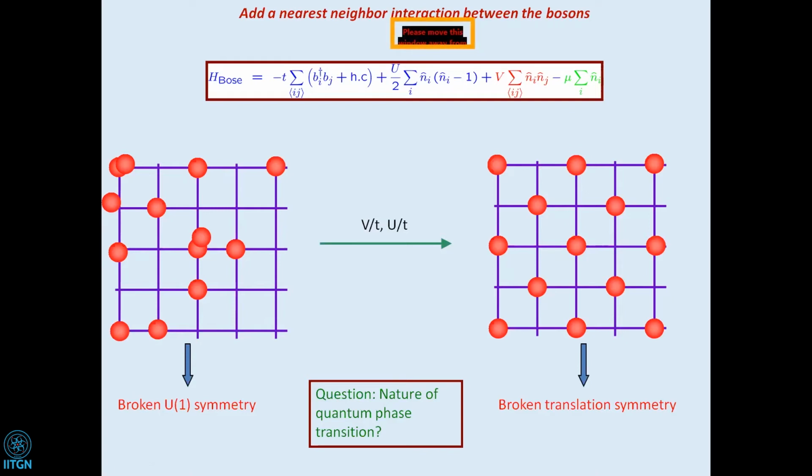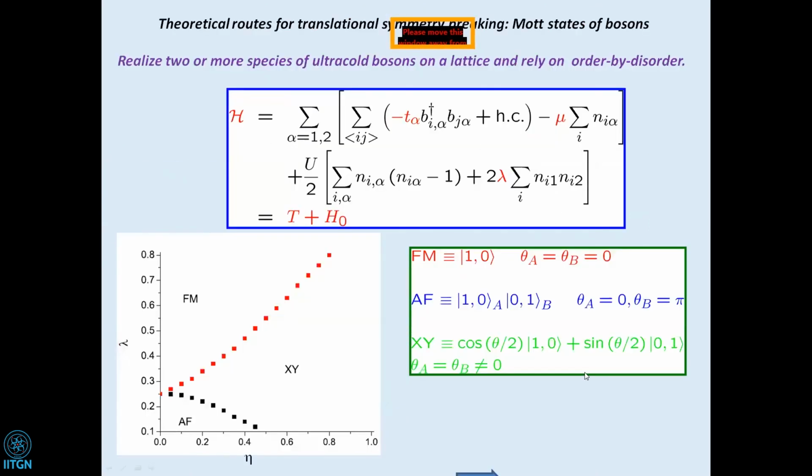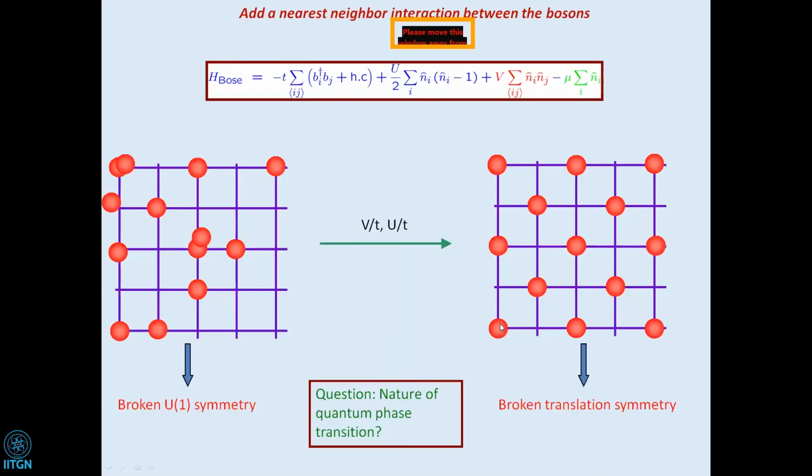Here you have to maintain a coherent superposition of two species of atoms, which is experimentally difficult. And here you need a way of tuning this V, which is the nearest neighbor interaction, and that is also experimentally difficult with most atoms. So what we have are good theoretical suggestions, but none of them is experimentally very easy to manipulate.